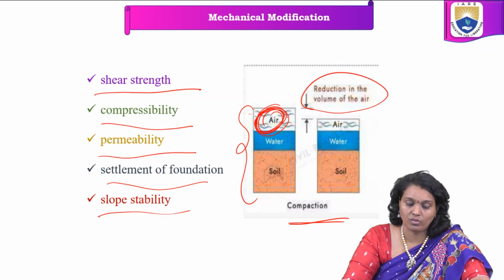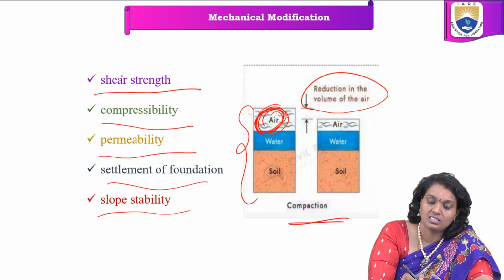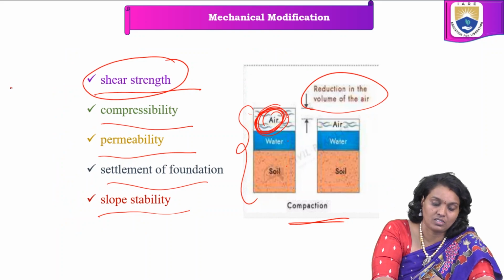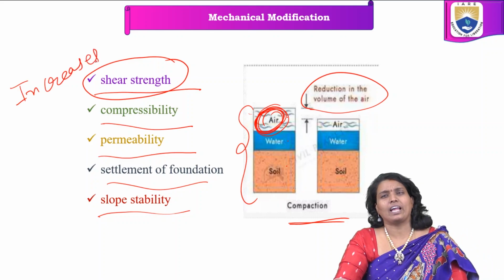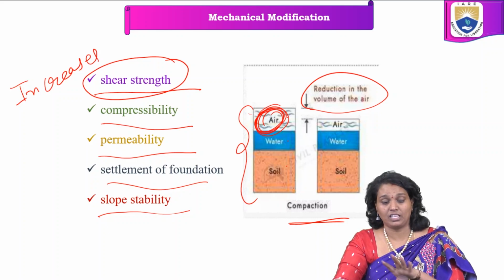Based on that, we have to understand this one. Coming to one of the parameters, shear strength, it increases because of the compaction. We are reducing the air content between the soil particles.